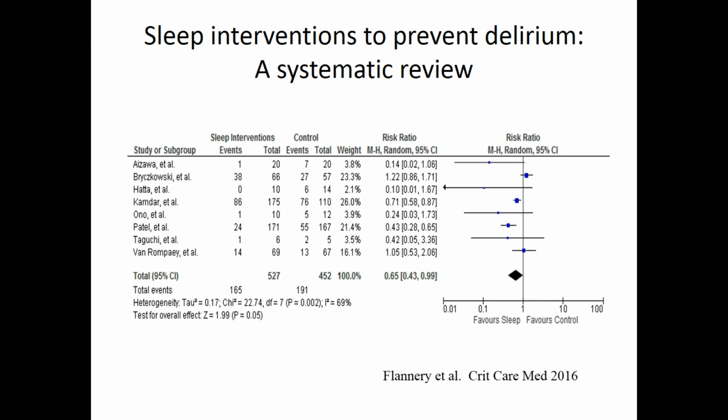Interestingly, most of these studies were unable to prove that sleep itself was improved, but delirium seemed to go down in incidence. And it's also important to point out that most of these studies did not use a pharmacologic approach to helping sleep. These were mostly protocolized, non-pharmacologic approaches to improving sleep, and yet they seem to affect the incidence of delirium in a very positive way.